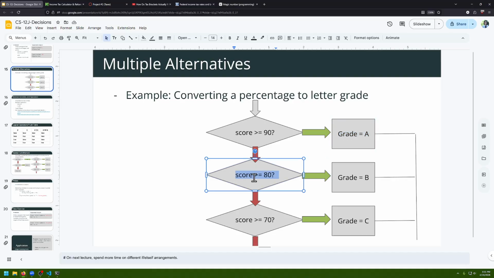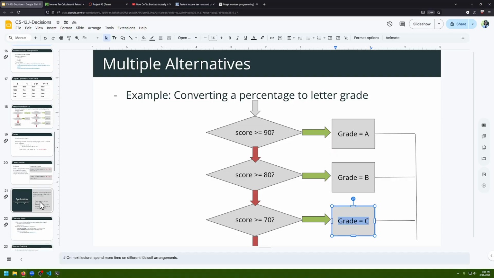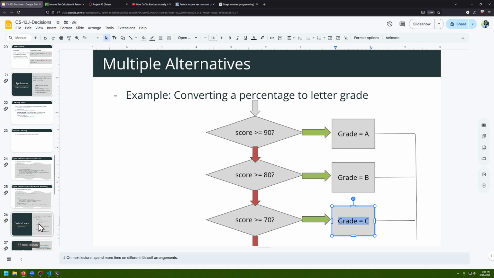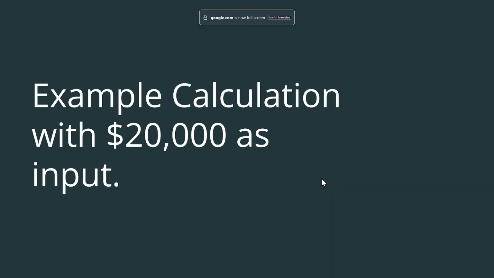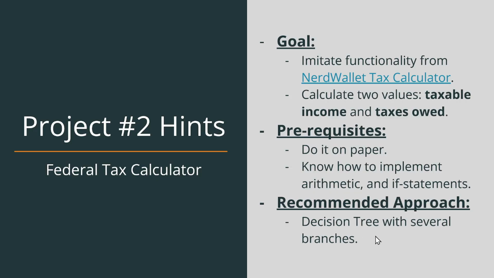If we're in the second bracket, then do a different calculation. If we're in the third bracket, do a different calculation. There's other ways as well, but my recommended approach is a bunch of if statements, maybe some else ifs, depending on your style. But yeah, a decision tree with several branches that represent each bracket. Right? Okay.